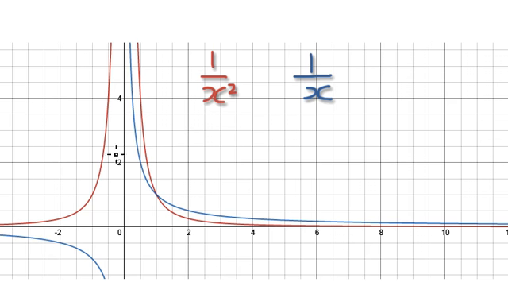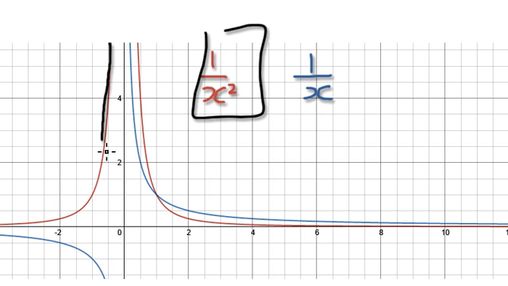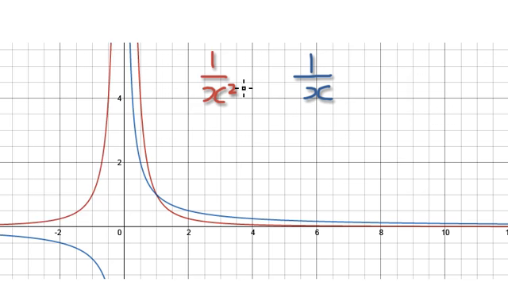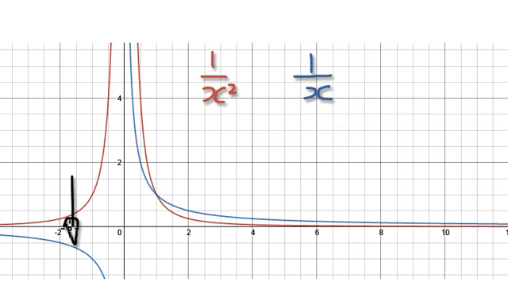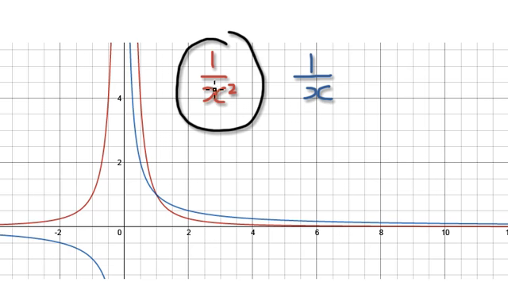That's why when x is negative, the red line is always above 0. Whereas with this one here, the negative will play its part. That's why it's forcing the blue line down into the negative realm. So that's why 1 over x and 1 over x squared look the way they do.